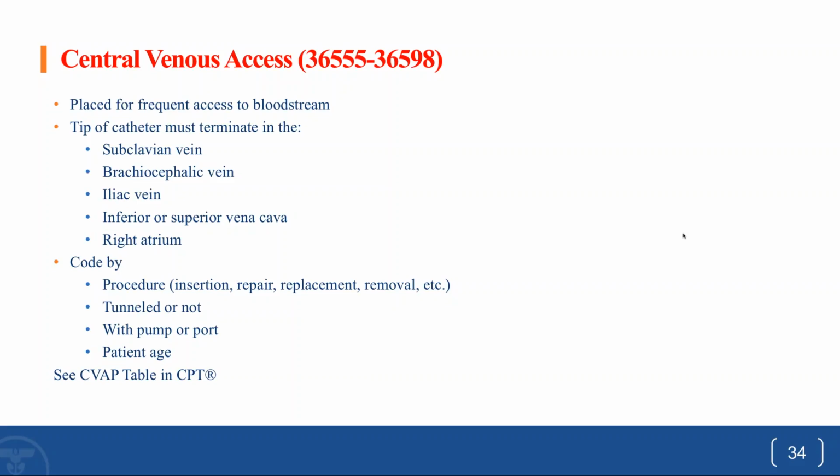36563. So I think you're understanding. What about if they are coming in to have the venous access device, which is the catheter only? It says catheter, partial replacement of that, and it's tunneled with pump. Partial replacement.